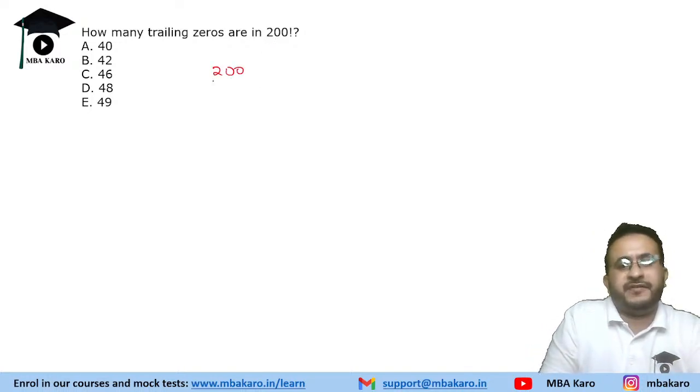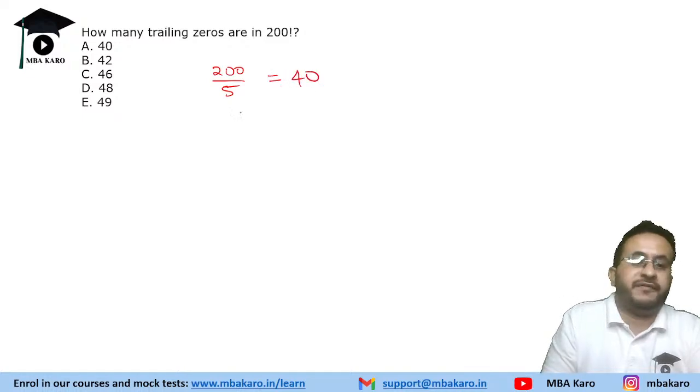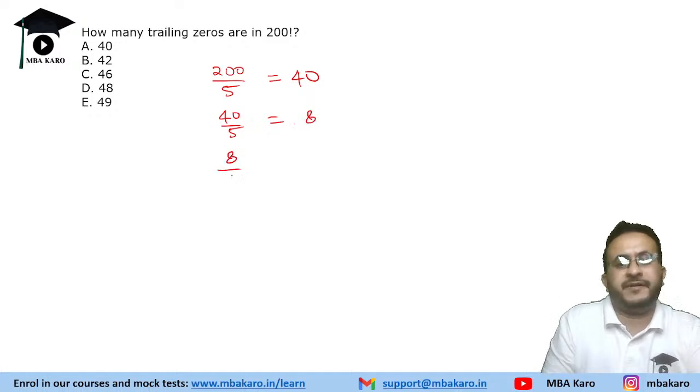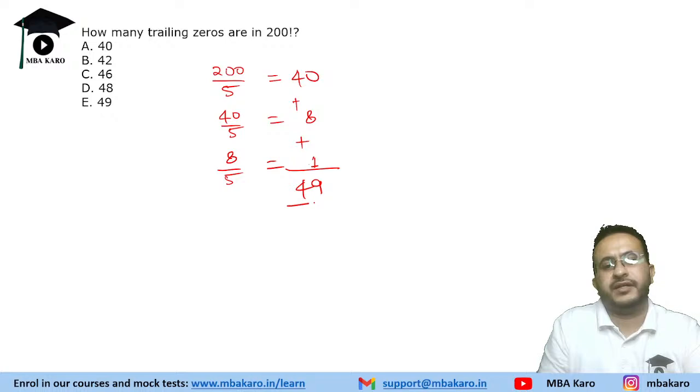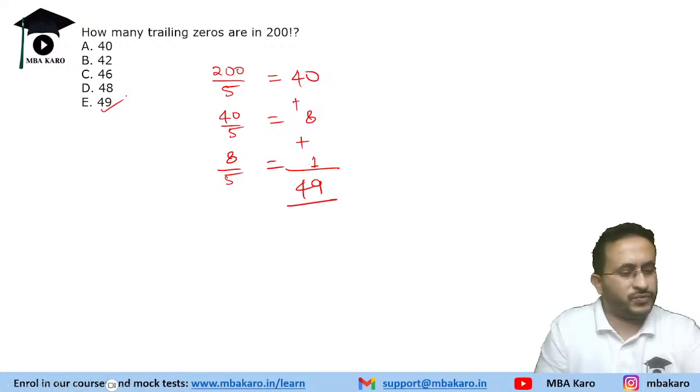So what you do is divide by 5, you get 40. Divide 40 by 5, you get 8. Divide 8 by 5, you get 1. Ignore the remainders. Now we cannot divide 1 by 5. So just add them, you will get 49. Okay, so we do it this way.